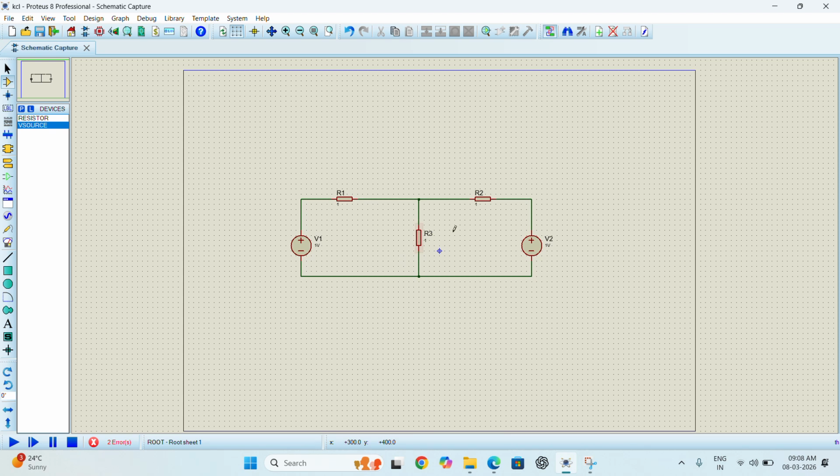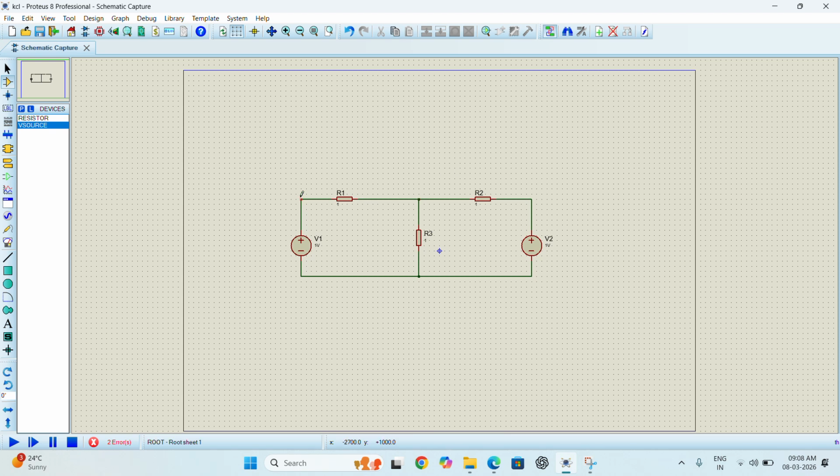Okay, let me take one ground and put it here so that this side becomes a reference. In the previous video I told you, whenever we see a node, it has to be connected to more than two components. So how many nodes are there in this circuit? We can see two nodes. One node is this and one more node is this. There are two nodes in total. As we can see here, there are no other nodes.